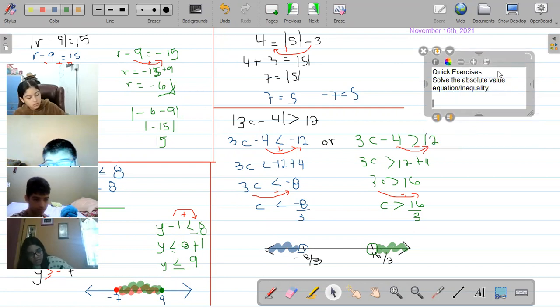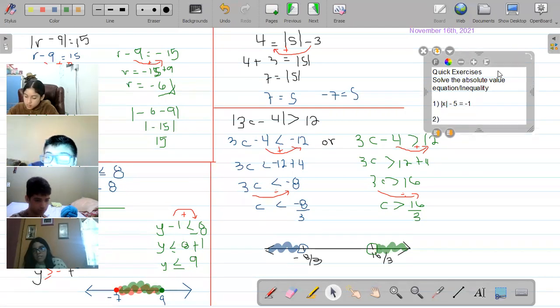So exercise 1, we're going to have absolute value of x minus 5 is equal to -1.